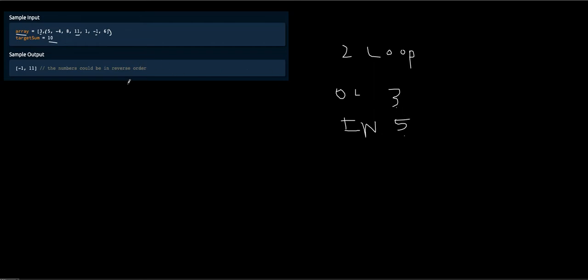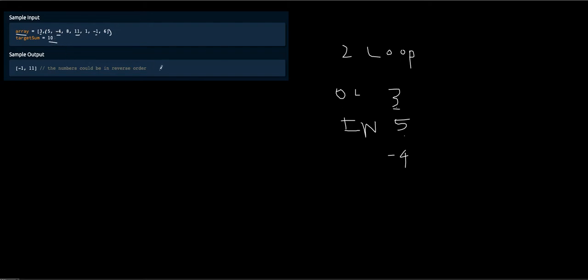So in the inner loop, I'll move on to the next element, which is minus 4. And this addition also is not resulting in the target sum. So in the inner loop, I'll traverse till the end of the array and I'll find that there is no element whose addition with the outer loop element comes to 10.